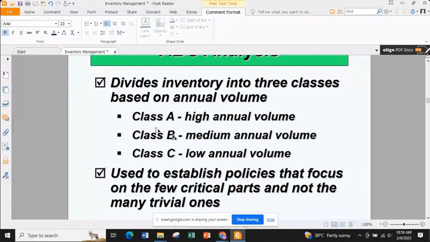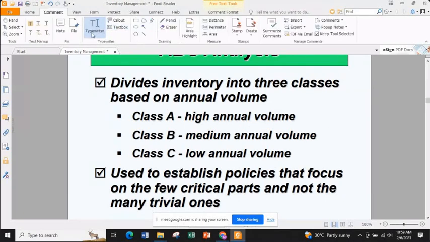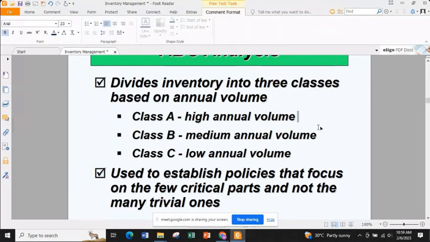So when we involve the process to produce a finished product like plywood, you need to identify which requires high annual volume. When we talk about this, the unit we talk about is RM, ringgit, for quantity.